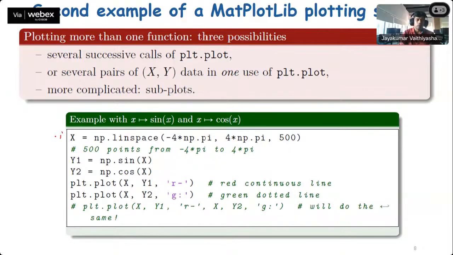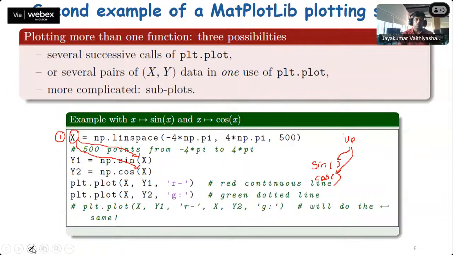In line number 1, we calculate 500 points and store them in the x variable. y1 calculates all sine values for x, and y2 calculates all cos values for x, and we plot the sine and cos functions. Our input series is only one. We are passing that input series to 2 different functions and plotting both of them.